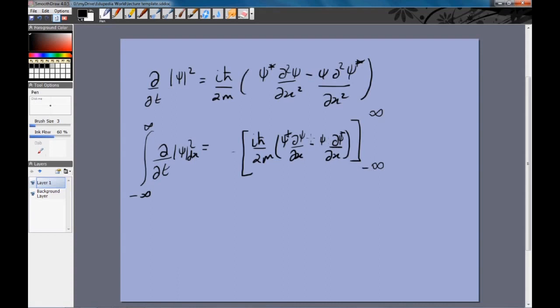Similarly, psi star, which is a complex conjugate, also has to obey the same thing. It goes to 0 as x goes to infinity or minus infinity, which means this whole term is 0 because both the terms at both the endpoints are 0. So this is what we've been able to prove, that the derivative of the integral from minus infinity to infinity is 0, meaning the integral from minus infinity to infinity remains constant.